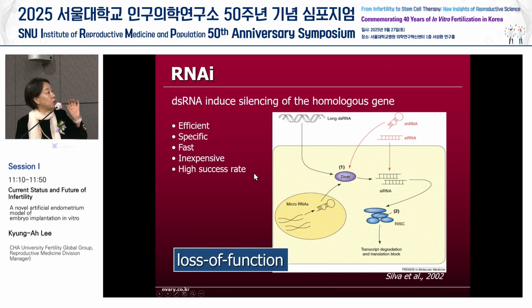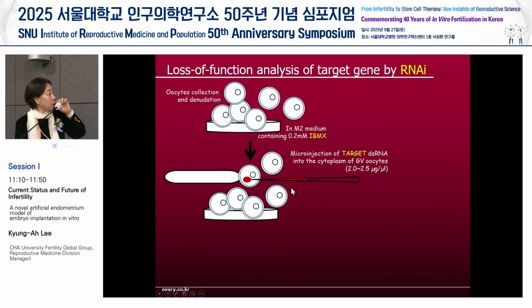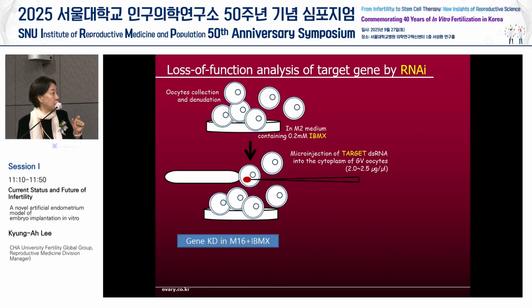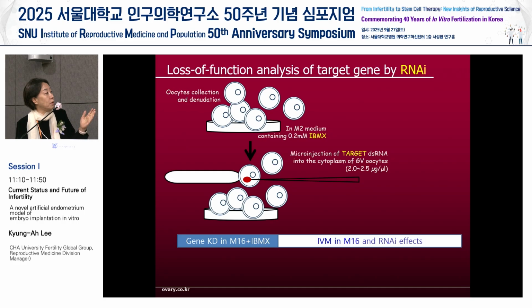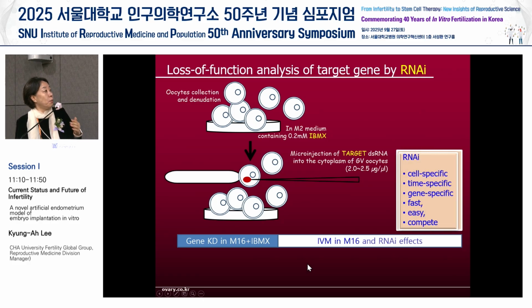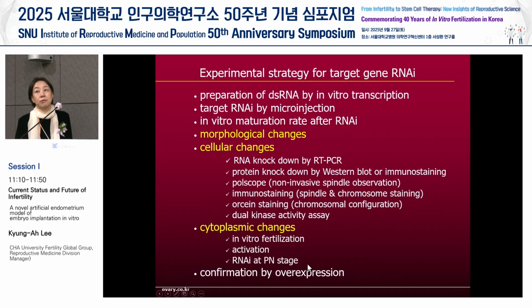By injecting double-strand RNA into the cell, we have specific knockdown of the target genes in the IBMX media, and without that gene, we can do oocyte maturation. Then we can observe what has happened in that oocyte without that gene.